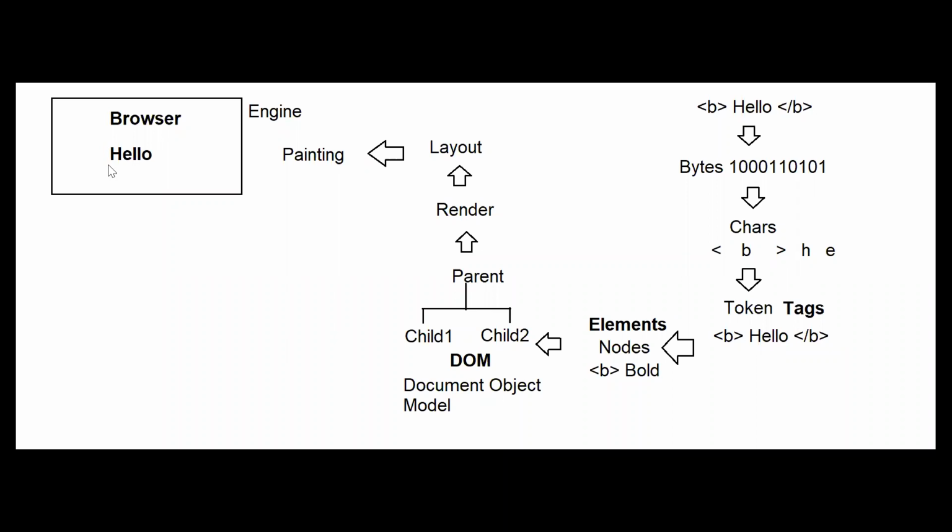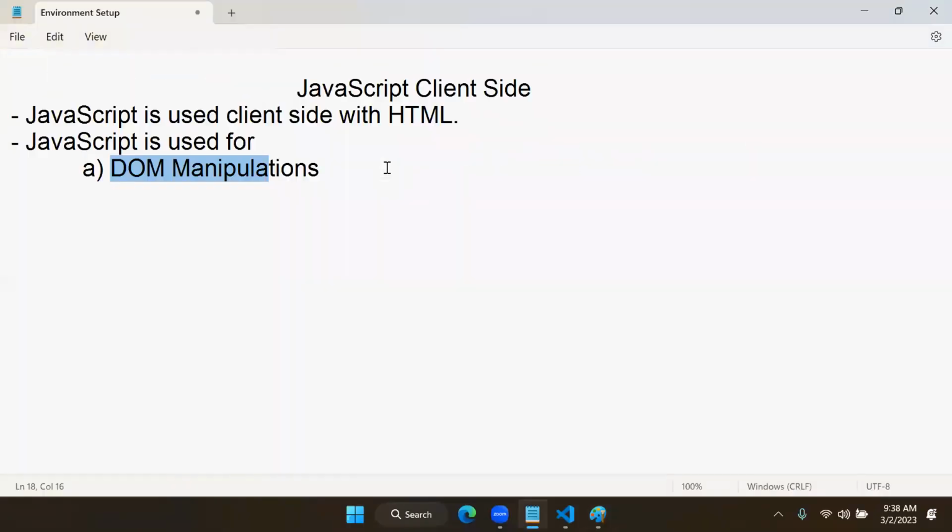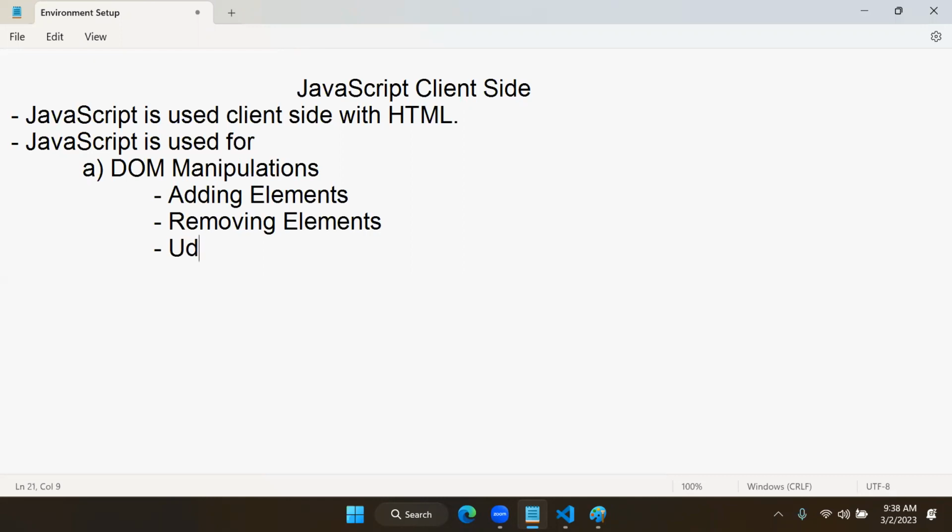Who is going to control this? HTML presented, finished, but who will manipulate it? So the role of JavaScript is to manipulate the DOM. DOM manipulation means adding elements, removing elements, and updating data in elements.